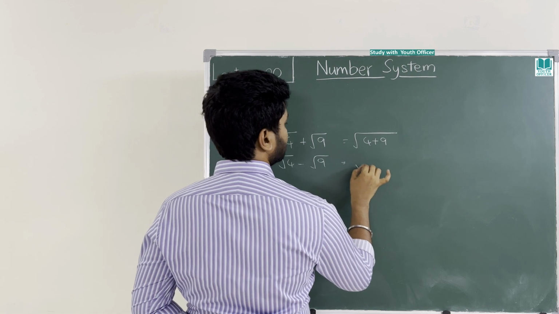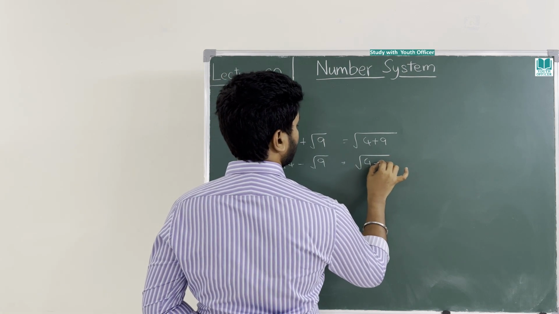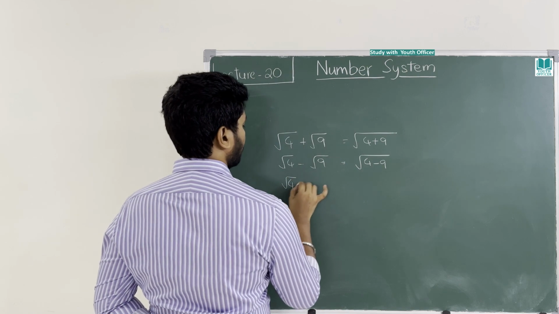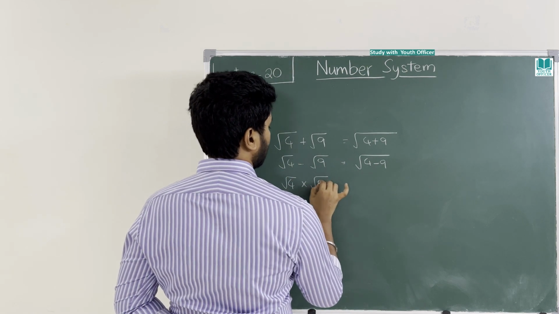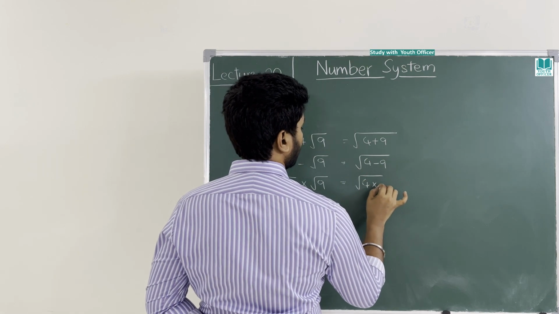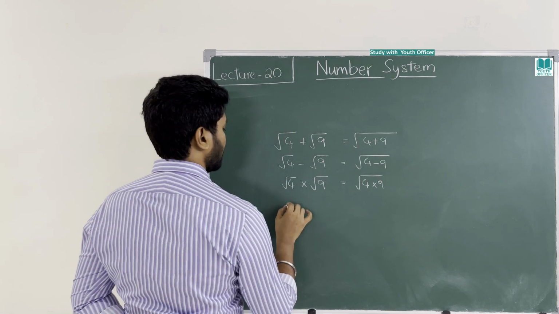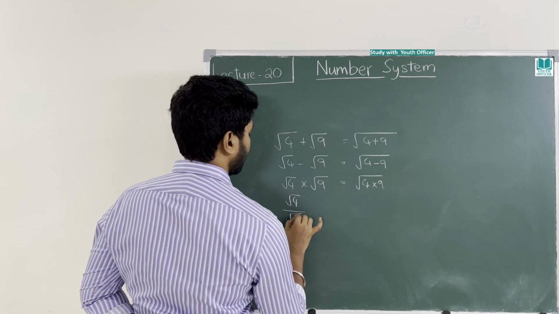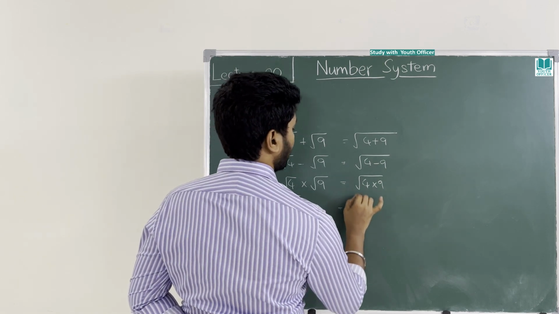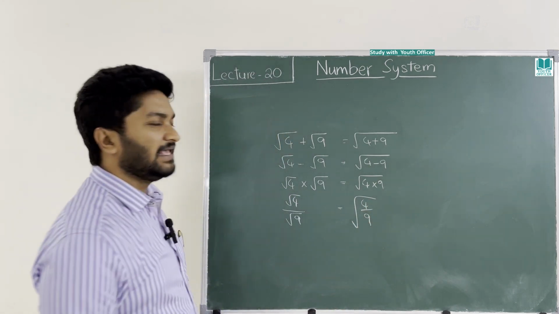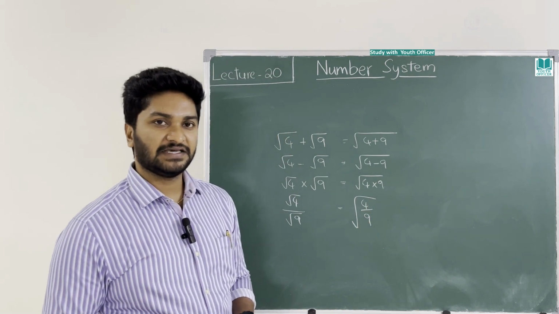Can it be written as square root of 4 minus 9 or not? Square root of 4 into square root of 9. Whether it can be written as square root of 4 into 9. Square root of 4 by square root of 9. Can it be written as square root of 4 by 9? Please think about these properties in the roots.